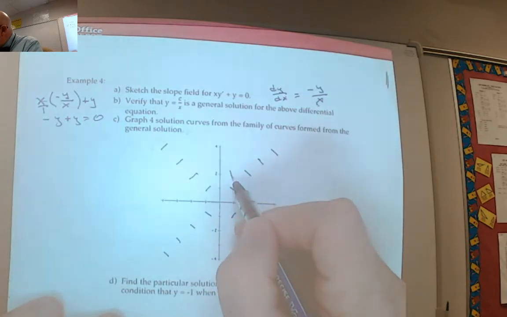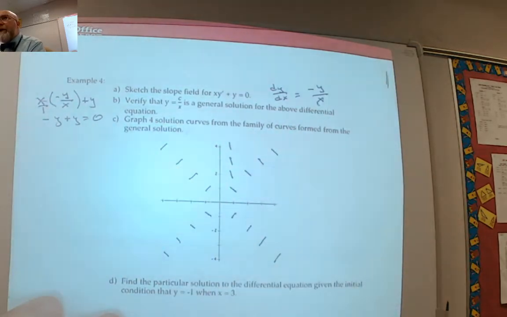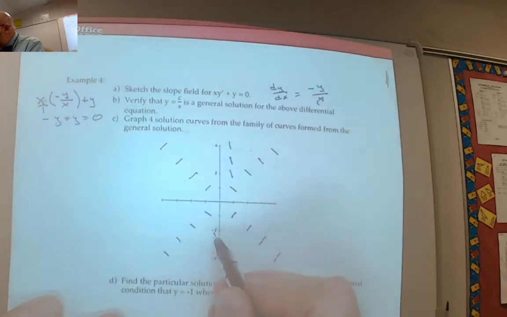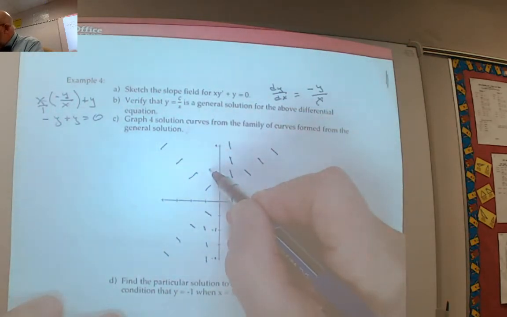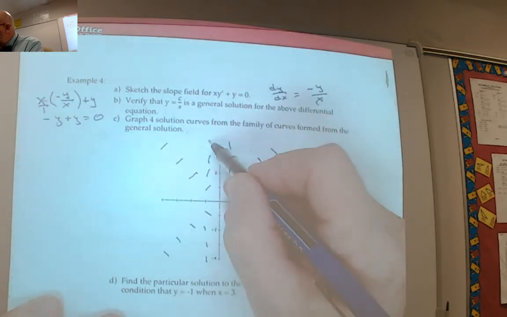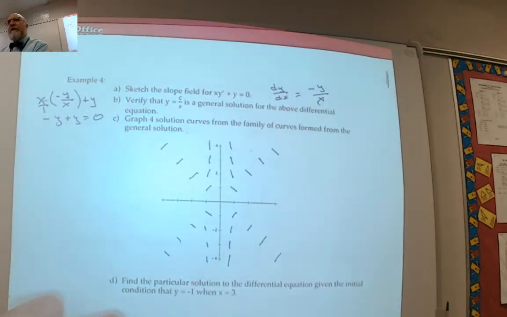So it's a little slantier. And this one's even more slanty, and that's even more slanty. They start to look vertical, don't they? And here would be the same thing. I'd have a slope of negative 2, and then I'd get even slantier. Here I would have a positive 2, positive 3, positive 4. I've got symmetry going, don't I?